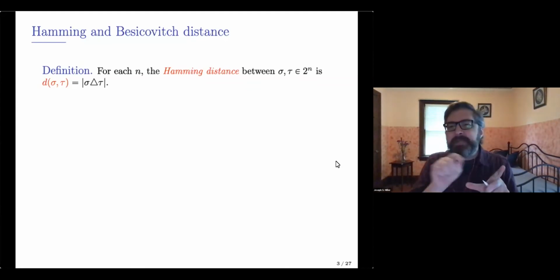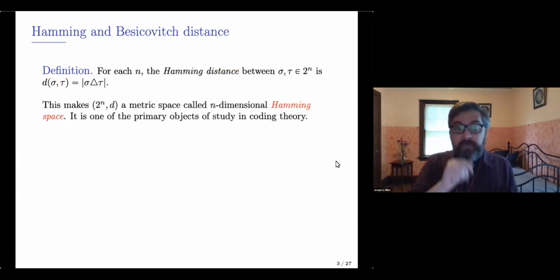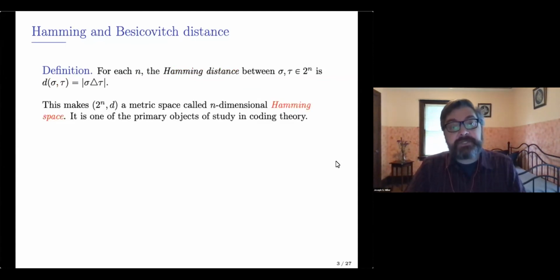In other words, how many bits would you have to change in sigma to get to tau? That turns 2 to the n into a metric space called n-dimensional Hamming space. We're focusing only on Hamming spaces over the two-letter alphabet, 0, 1. That's all we're going to talk about today. This Hamming space is one of the primary objects of study in coding theory, and we'll say more about coding theory in a bit.